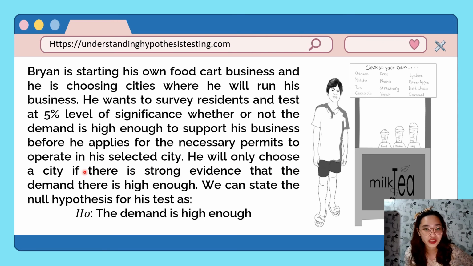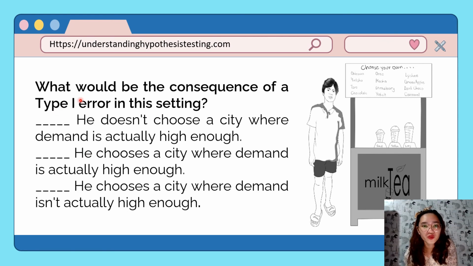He will only choose a city if there is strong evidence that the demand there is high enough. We can state the null hypothesis for his test as: the demand is high enough. So first question, what would be the consequences of a type 1 error in this setting?